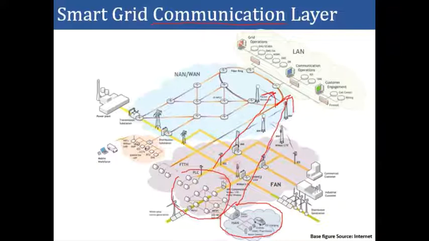What are the various technologies we use for communication? That also we discussed. For example, at house level, we utilize the house area network, and in the field, we use the field area network, while the wide area network and the neighborhood area network are utilized for longer distance communication.